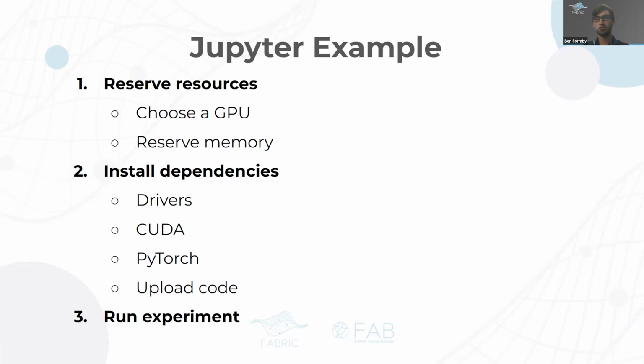This is the general structure for most of the notebooks that you'll find on the Start Here page, and it should probably be the general structure for your experiments as well, for easy reproducibility. First, when reserving resources, you'll choose your GPU. Then when installing dependencies, you'll need to install things like the GPU drivers, CUDA, PyTorch, and upload any code that you may have for your experiment, and then finally run the experiment.